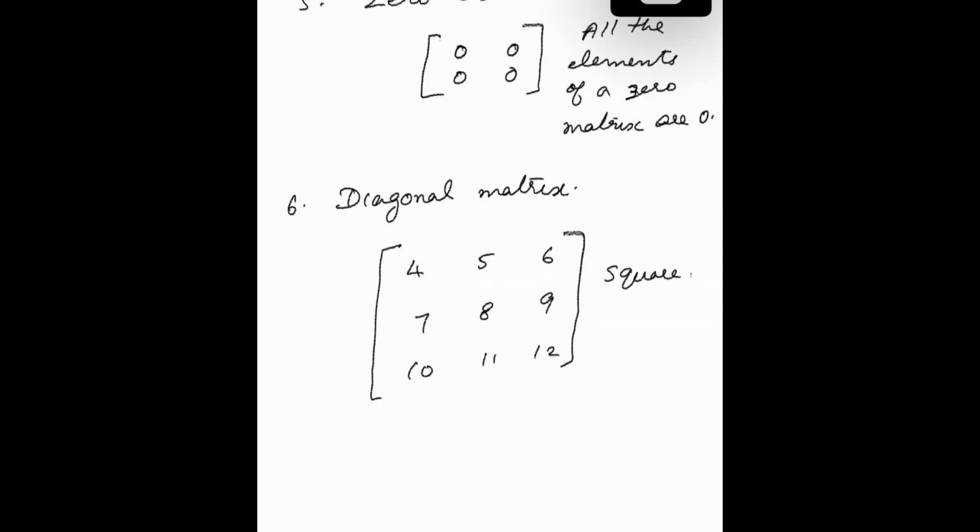Okay. A diagonal matrix is a square matrix which has all its elements zero except on the leading diagonal. What is meant by leading diagonal? There are two diagonals, right? This is one diagonal, and this is another diagonal.